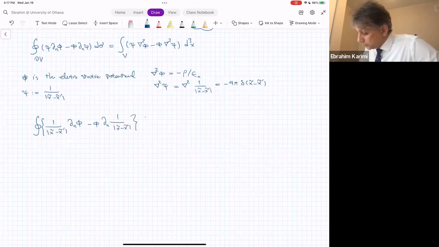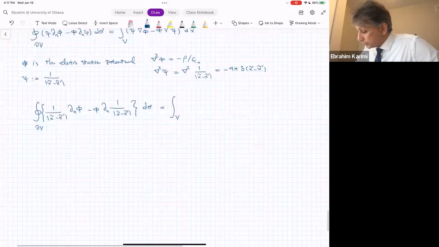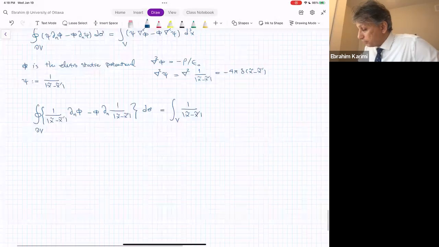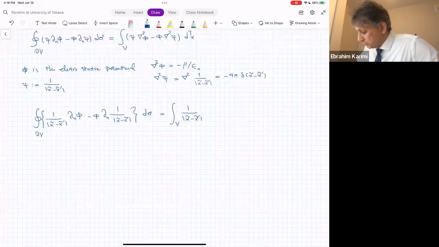Okay, p sigma on the surface of v, the derivative of v, integral of volume of v on the volume of v, psi, which is 1 divided by |x minus x prime|, Laplacian of phi, which is minus rho divided by epsilon naught.